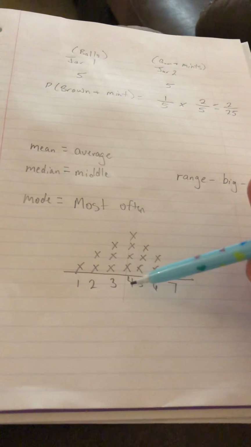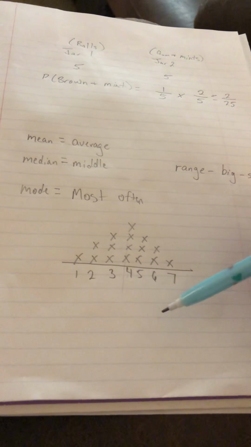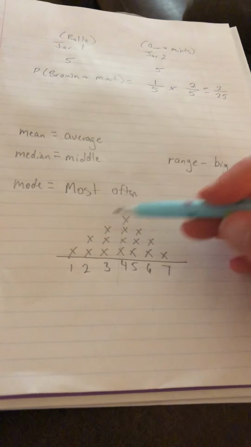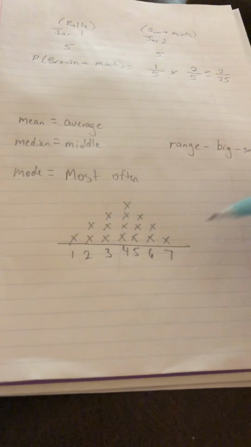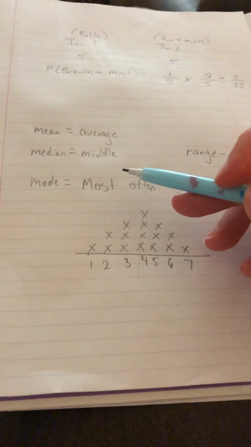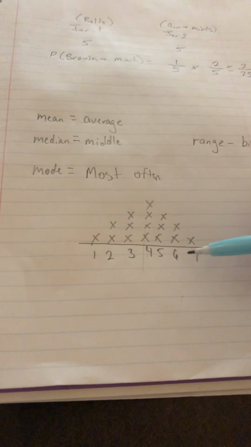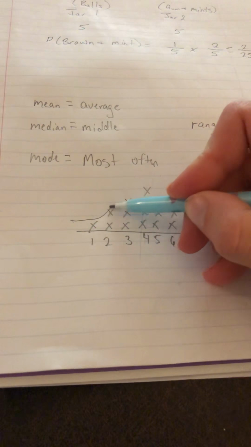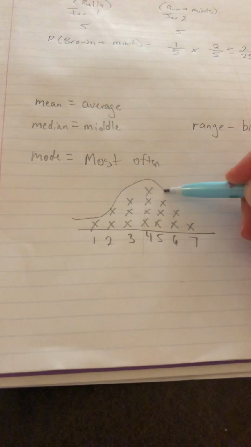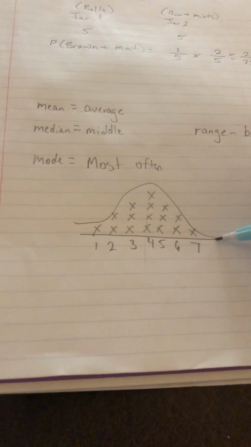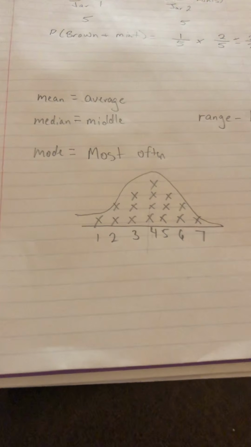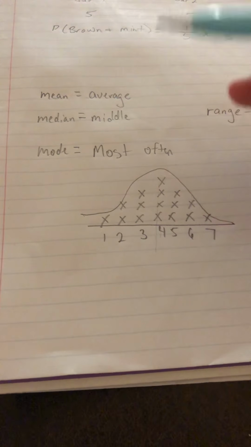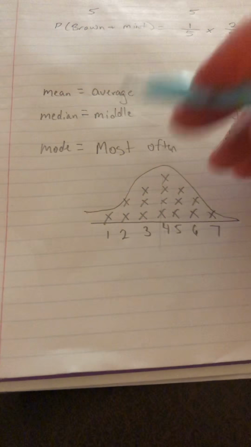It's perfectly symmetrical if I cut the data right up the middle, okay? Anytime your data looks like it's represented perfectly symmetrical, that means that your mean, median, and mode are all the same, okay? If I were to draw a bell-shaped curve over here, it's a perfect bell-shaped curve. It doesn't look perfect because I'm drawing it. But if your data is ever symmetrical, then your mean, median, and mode are all the same.